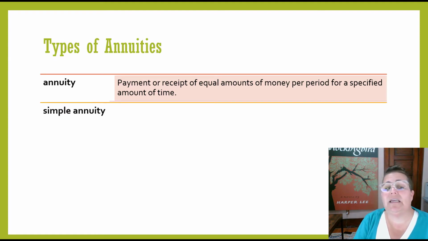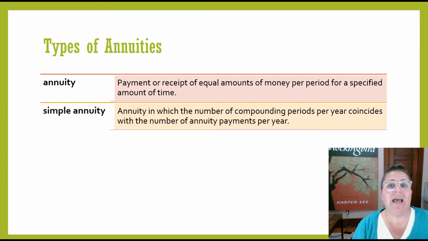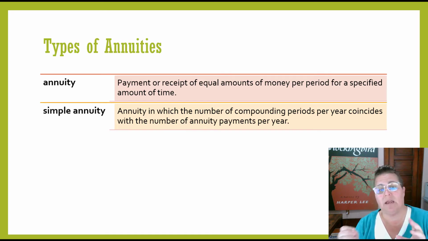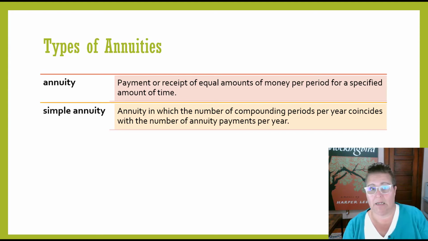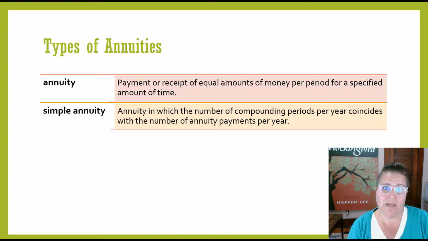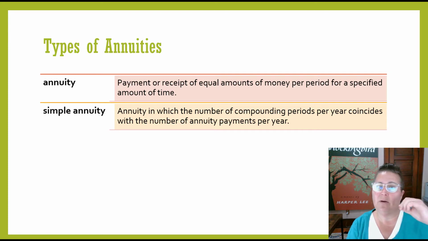We're going to be dealing specifically with simple annuities, and simple annuities are annuities where the compounding periods and the number of times the payments are made match up. So we're going to have them match because the math, if they don't, is very complicated and we're just beginning. So we want you to be able to have the annuity compounded monthly, and that would mean monthly payments.